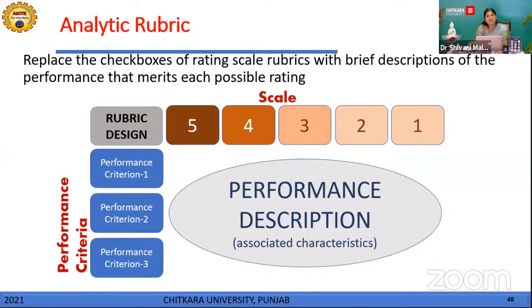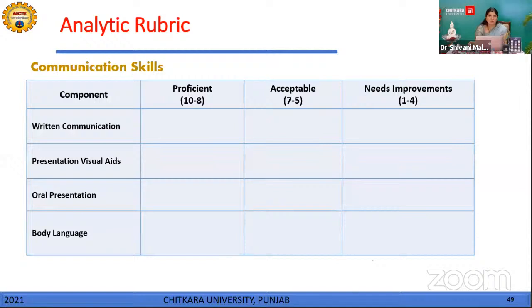What performance is required to be exhibited by the students, which is associated with a particular characteristic? So if he meets all the performance criteria, now this is not a single criteria rubric, it is a multiple criteria rubric. The performance exhibited by the student is to be tested through multiple performance criteria, right? And on the scale of 1 to 5, he gets the score and the description of it is there.